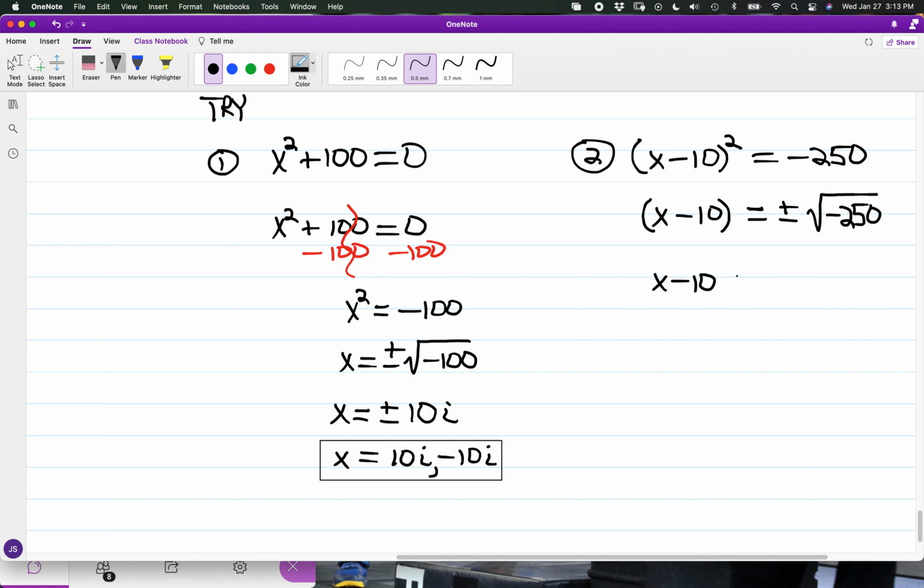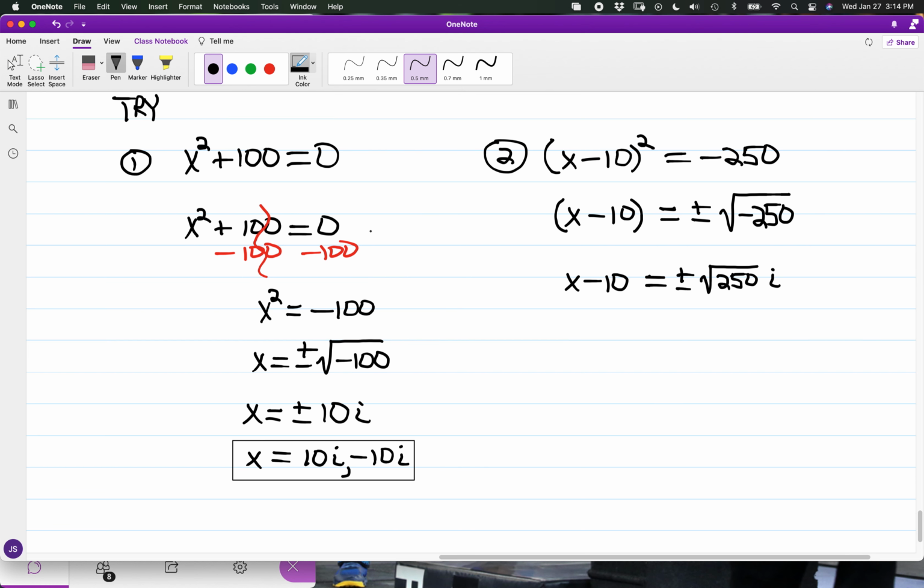And here we're going to have x minus 10 equal to plus or minus the square root of 250 times i. Again, 250 is not a perfect square, but it is a composite number whose square root can be reduced. The highest perfect square that will go into 250 is 25.